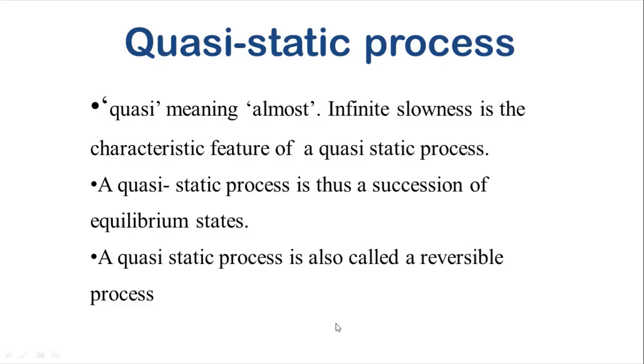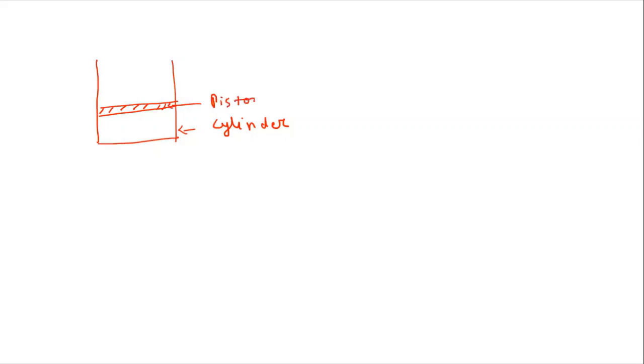Let's understand more about this quasi-static process with the help of an example. Let's take an example of a piston and cylinder arrangement. We have a cylinder, and in that cylinder we have a piston, which can reciprocate inside the cylinder.